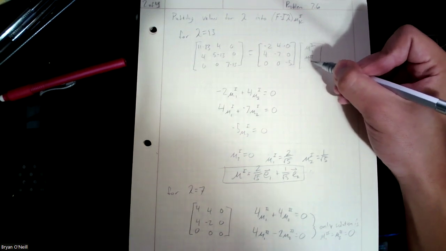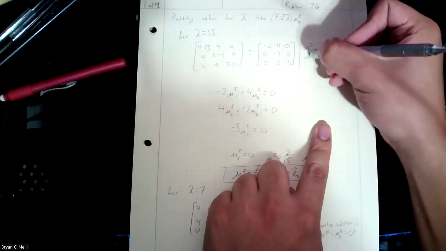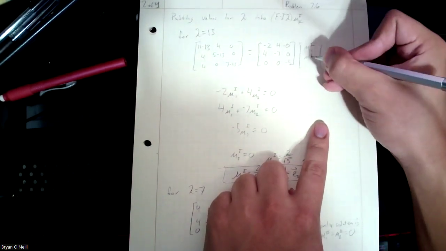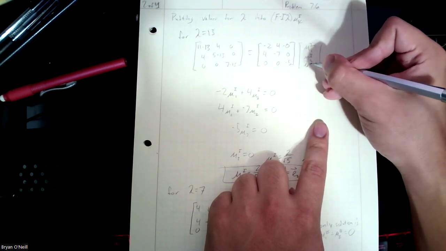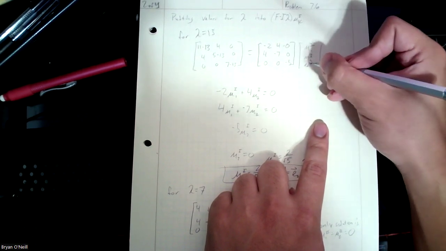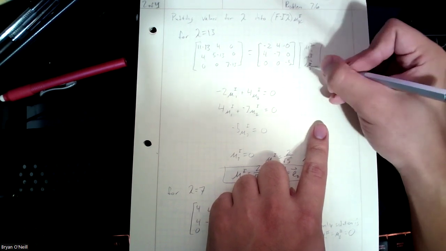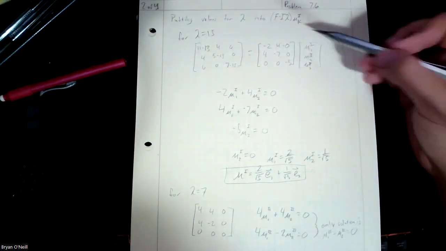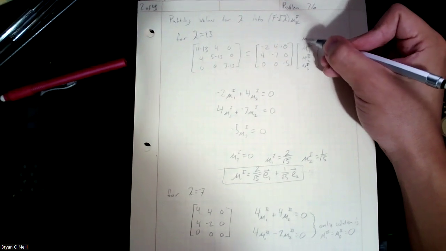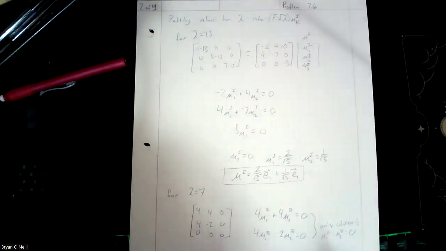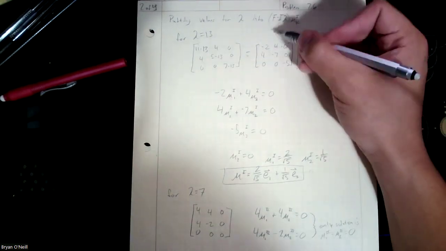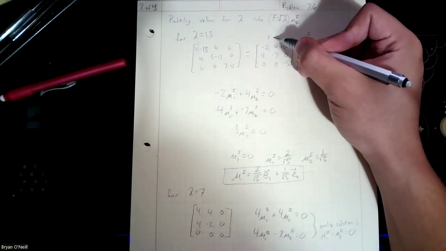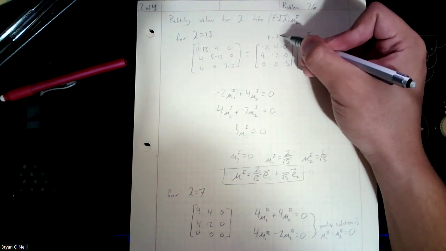Roman numeral 1 sub 1, mu Roman numeral 1 sub 2, mu Roman numeral 1 sub 3. Okay, and we want to find this vector, which is going to be mu superscript 1. I guess we'll just write this out. Here is F minus I lambda.